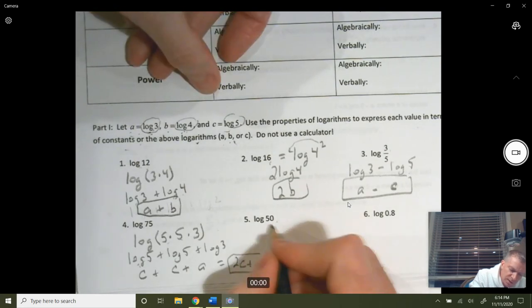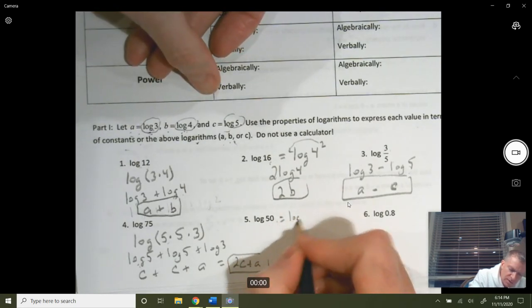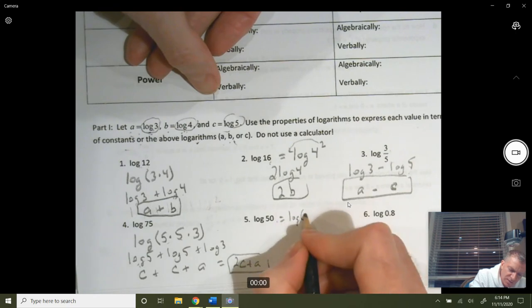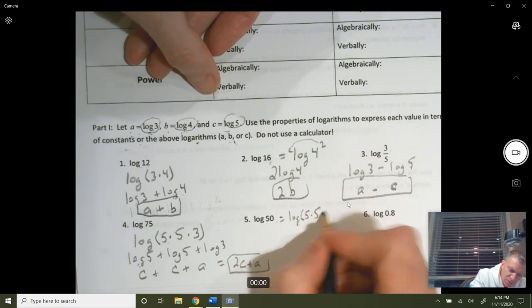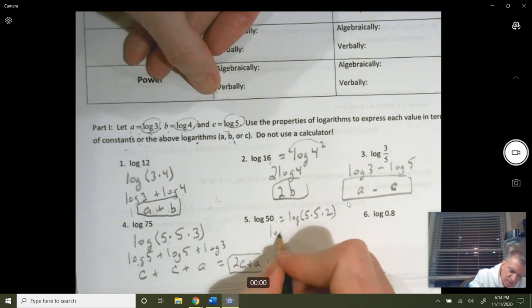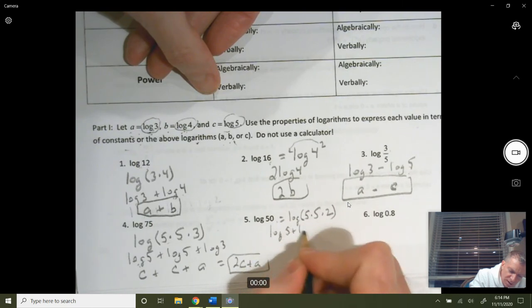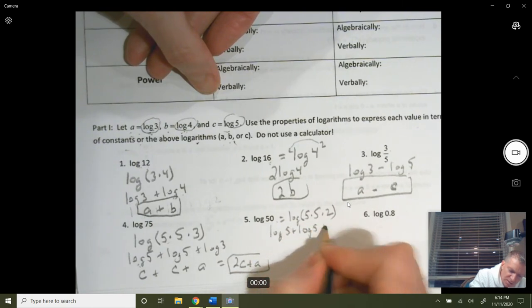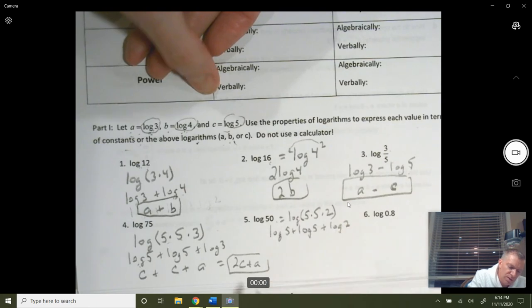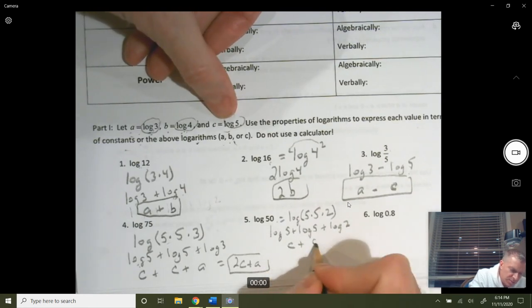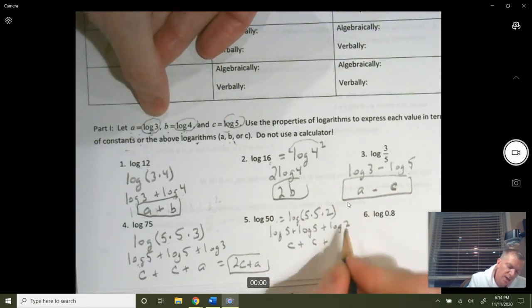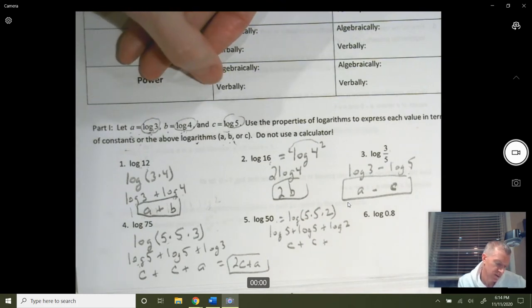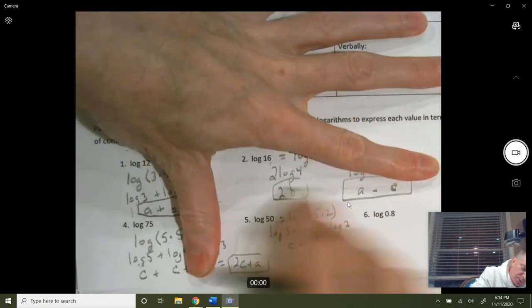Log of 50, we can call that log of 5 times 10, or 5 times 5 times 2. That's going to be log of 5 plus log of 5 plus log of 2. So c plus, oh, we don't have a 2 there, do we? Oh, here's a tricky one. Watch this.